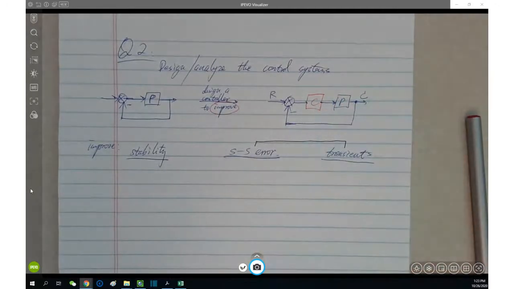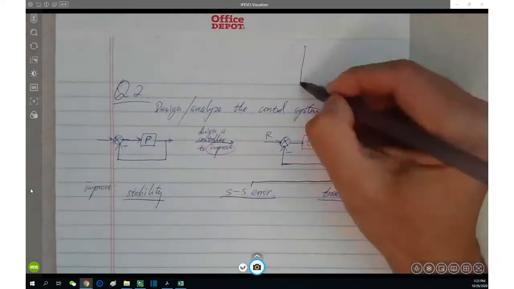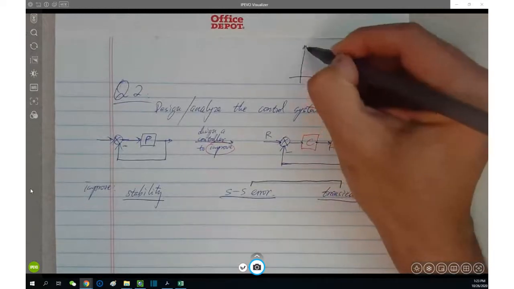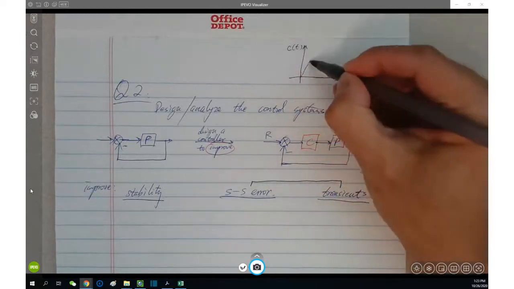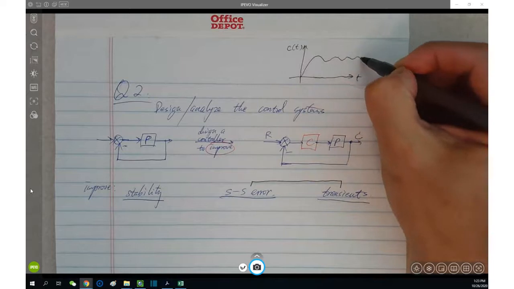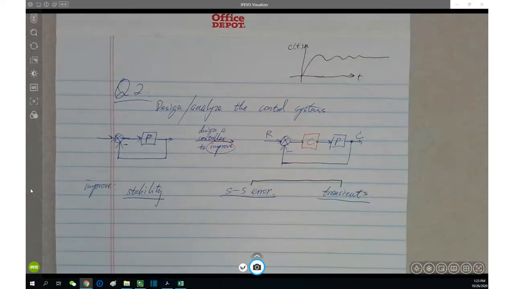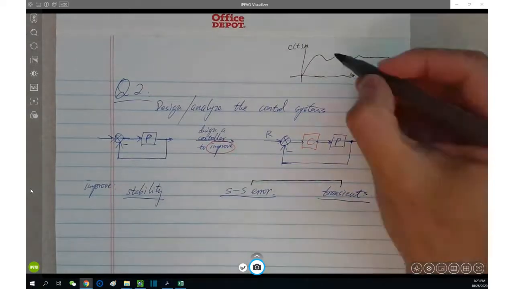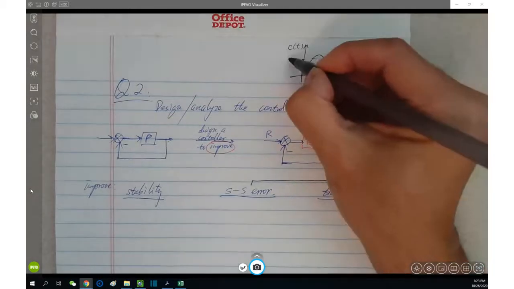So obviously these two are something we have learned a little bit from the previous module. Recall we have output c(t), right? For a second order system, typically we have such an output. And from here, you can tell the steady state value.